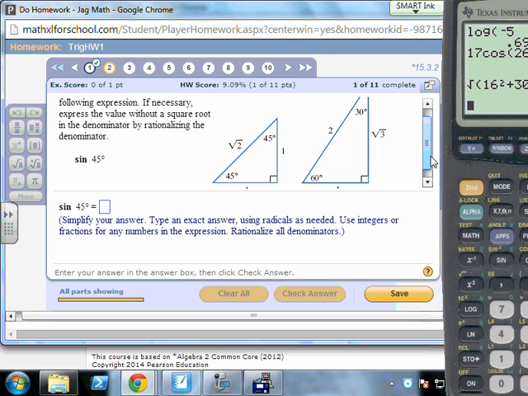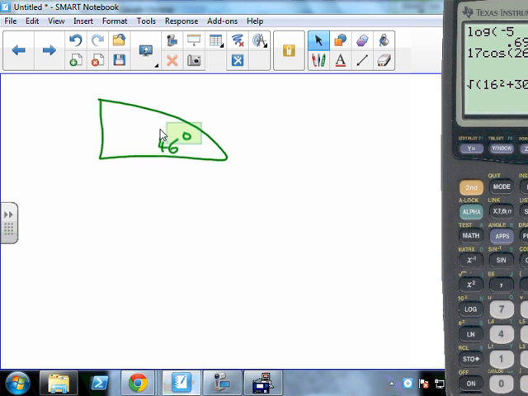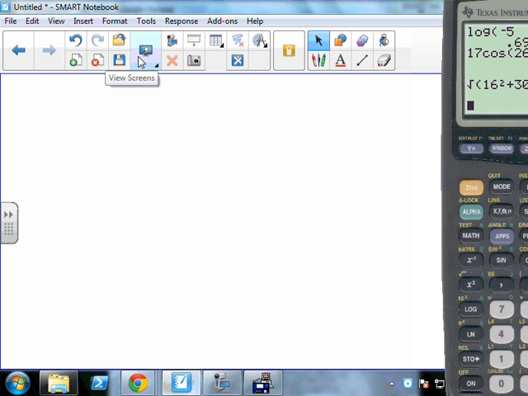Okay. Sine of 45. So here's my 45 right angle sine. Opposite, 1 over hypotenuse. Oh crap. This is where life becomes difficult. 1 over the square root of 2 is not in simplest radical form.